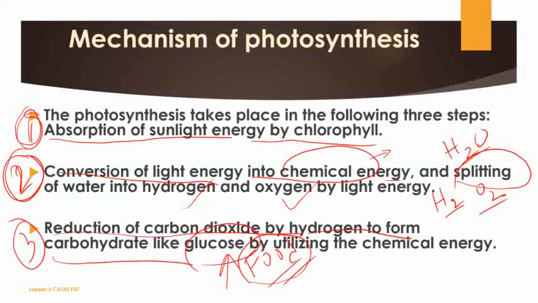They do not immediately complete all the actions one by one. They trap solar energy in daytime, and the remaining process is completed in night time. So they are not completing this process in a step by step manner.